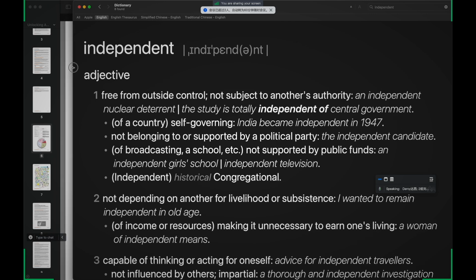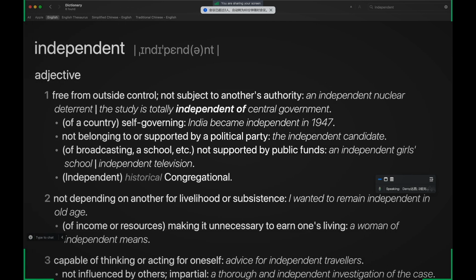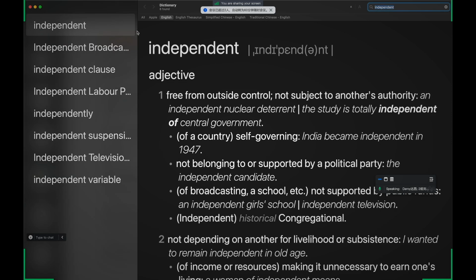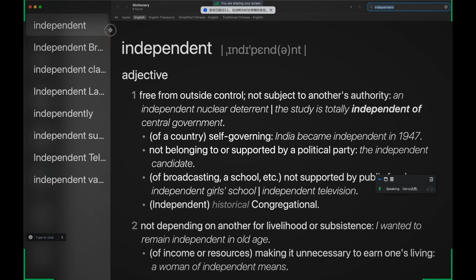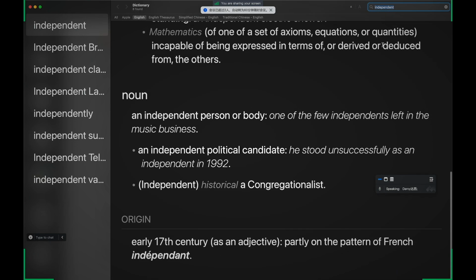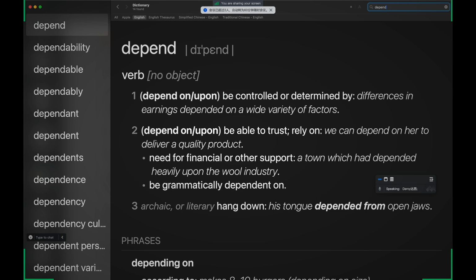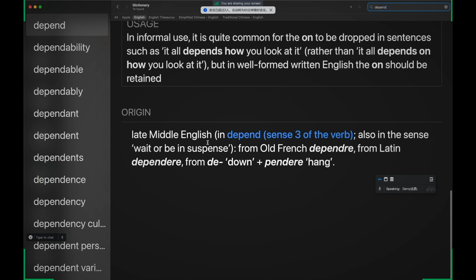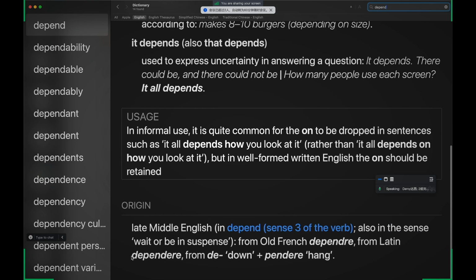But actually, here is kind of the base form, right? Yeah, basically.